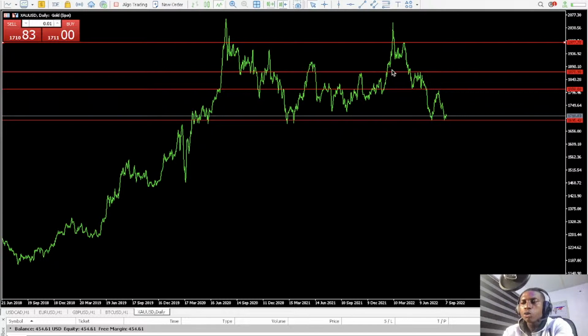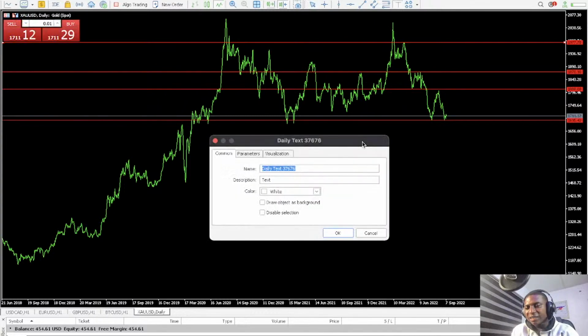What do we expect for the gold now? We can see these are support, this is resistance. So I'm going to identify support with S and resistance with R.